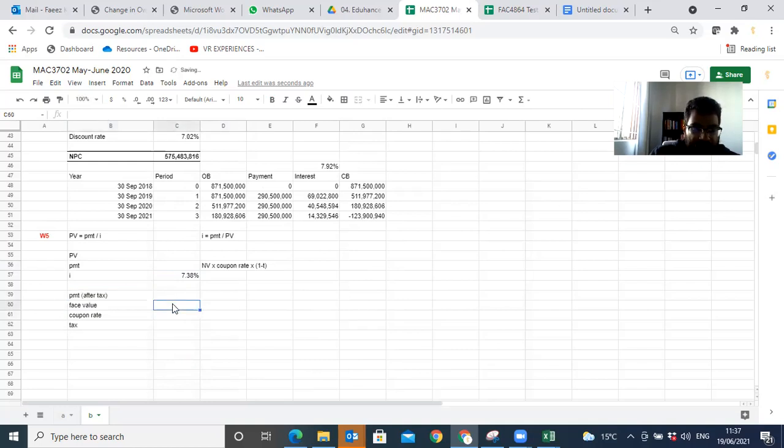The face value is given to us as 2010, but we want it in full numbers, so I'm going to multiply by 1 million. Coupon rate was given to us as 10.25, prime plus 2%. And then tax is going to be 28%. Okay, so now we can work out this PMT.